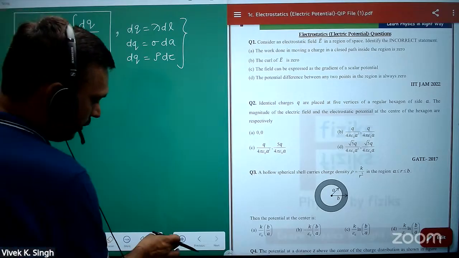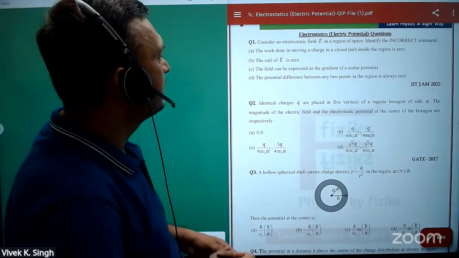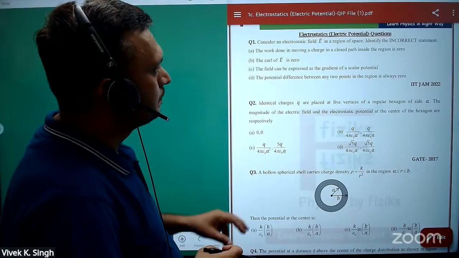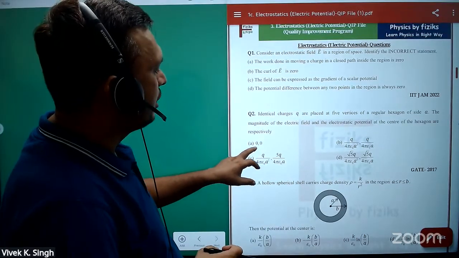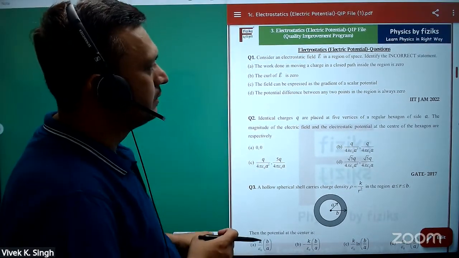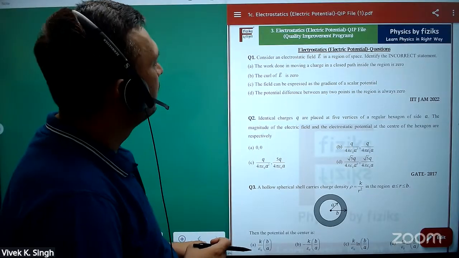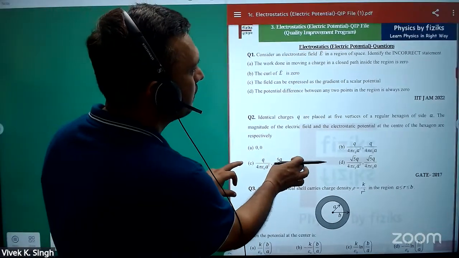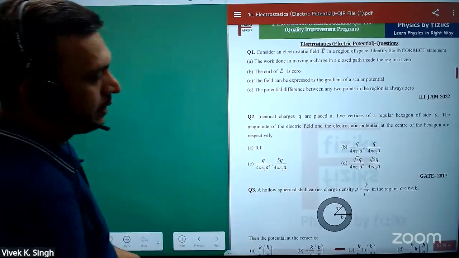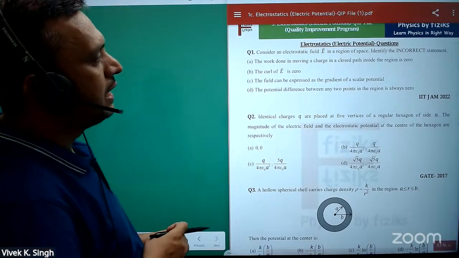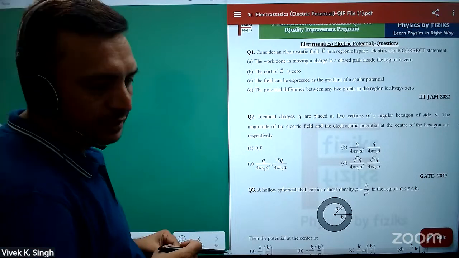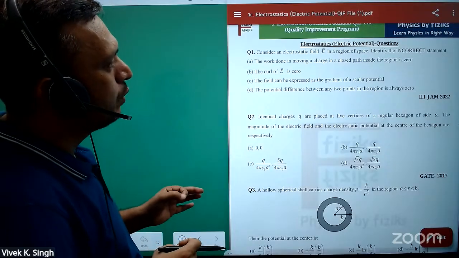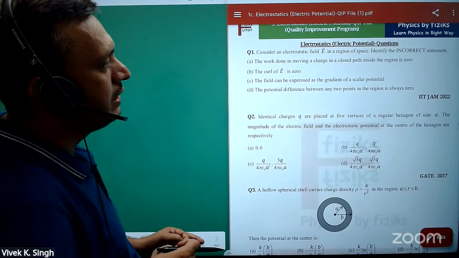Now let's take some examples. I am taking question number 1. Consider an electrostatic field in a region of space. Identify the incorrect statement. First, work done in moving a charge in a closed path inside the region is 0.